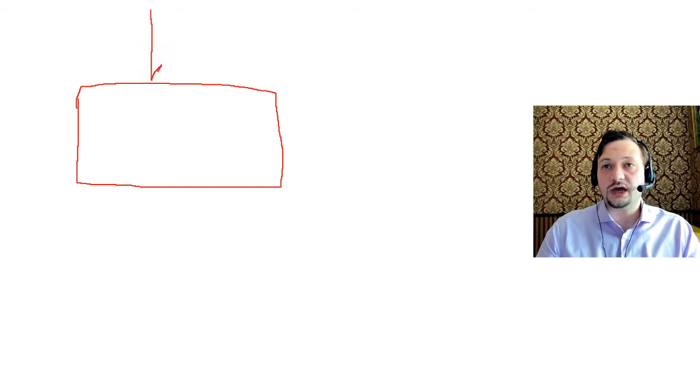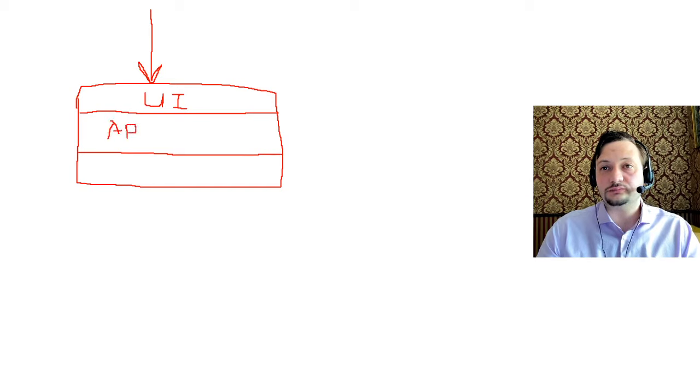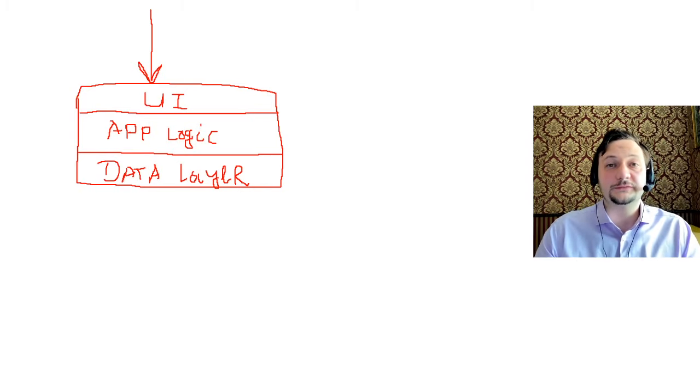So we have the incoming request and we have the user interface layer that communicates with the application logic layer that uses the data from the data layer, as you remember, to store and process the request.